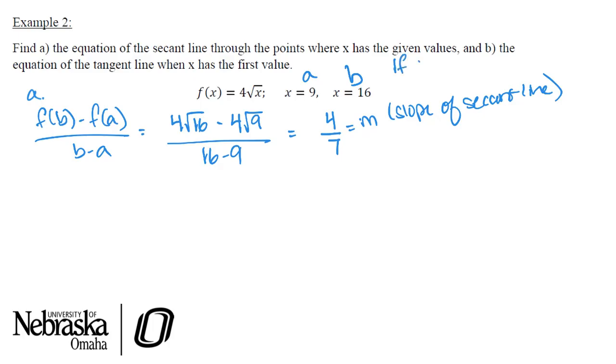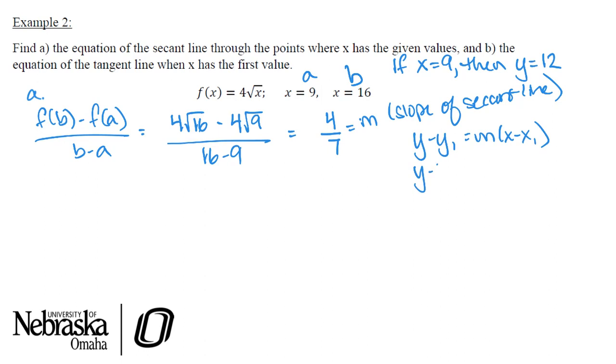So if x is equal to 9, then plug that into the function, and we get y is equal to 12. Okay, so we have an x value, we have a y value, we have a slope. We can use the point slope form of our equation to find the equation of the secant line.